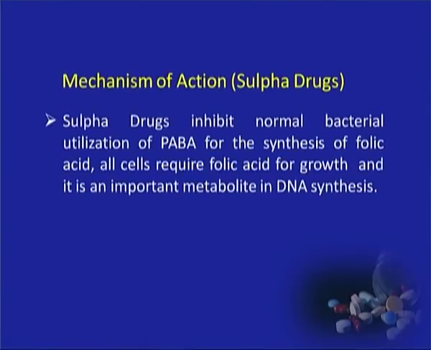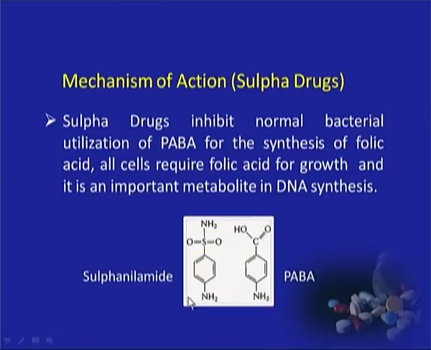Sulfa drugs inhibit normal bacterial utilization of PABA for the synthesis of folic acid, and all cells require folic acid for growth, and it is an important metabolite in DNA synthesis. As you can see, this is sulfanilamide and this is PABA.